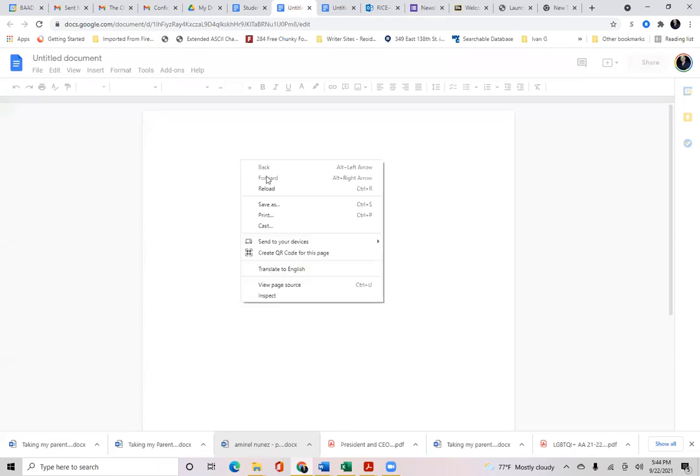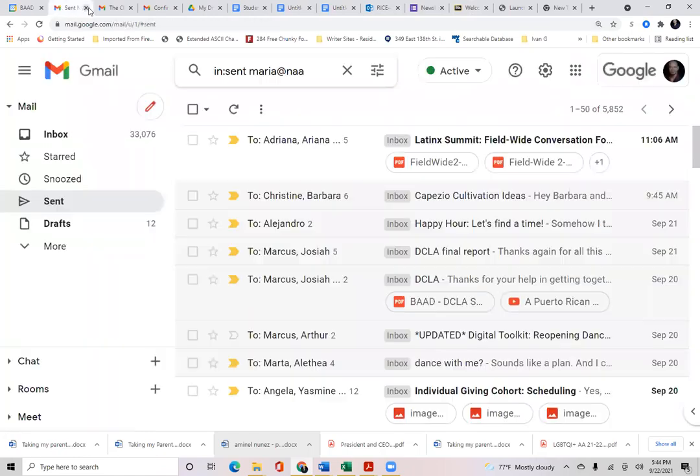Okay. For some reason, things are moving slowly. I'm just going to close some things here because my computer has decided to move slowly.